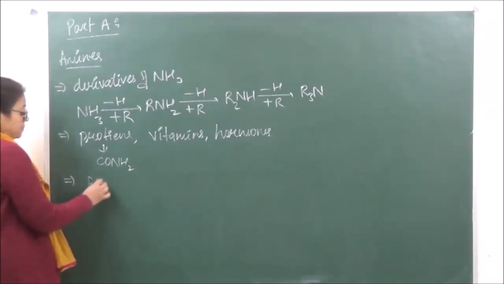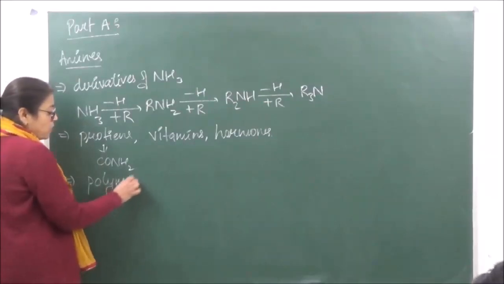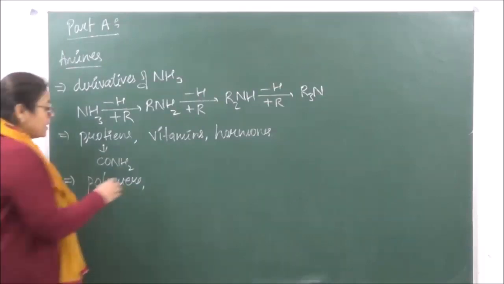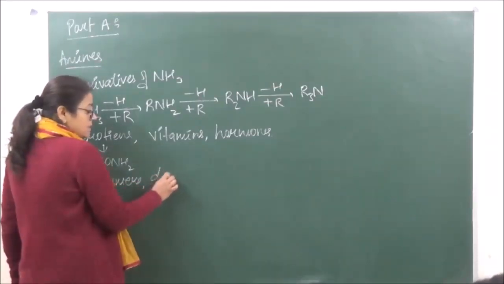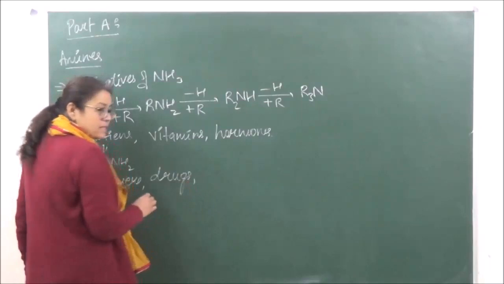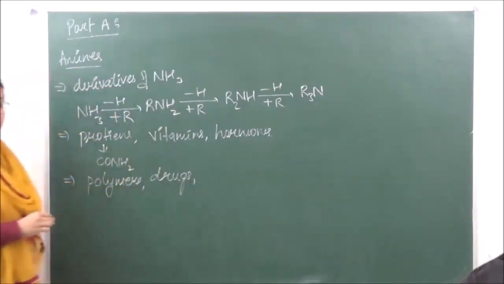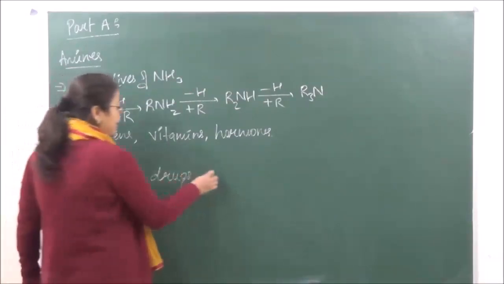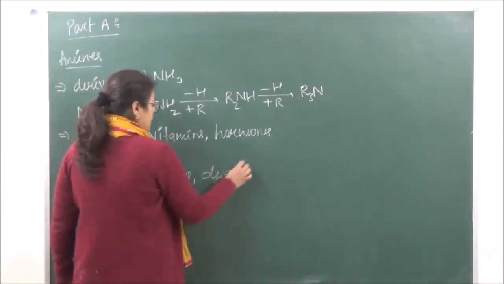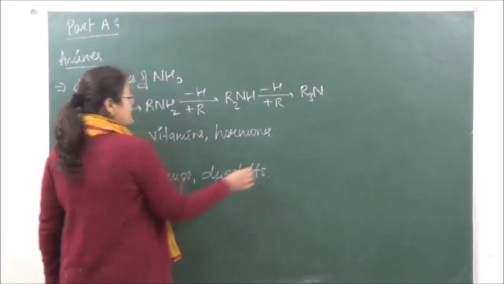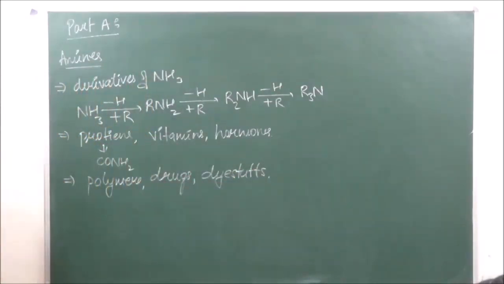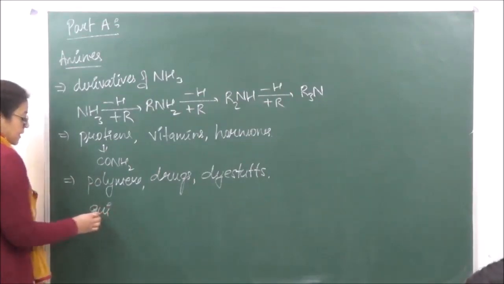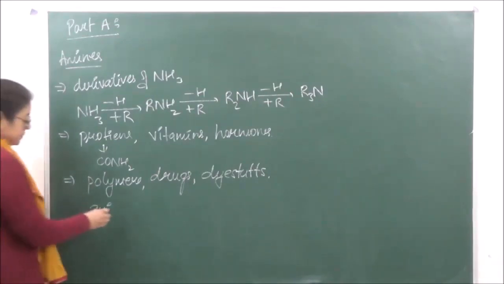For example, in polymers, specifically condensation polymers, it is going to be there. Then in drugs and medicines it may be present in the form of sulfa drugs. Sulfonamide is going to be present. And then we have dye stuffs. So let's just take some examples where nitrogen is going to be present. For example, it is present in quinine.